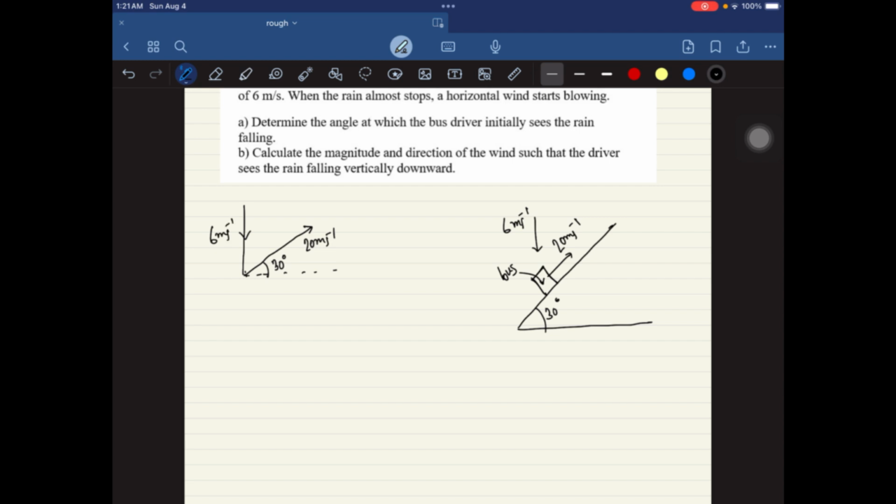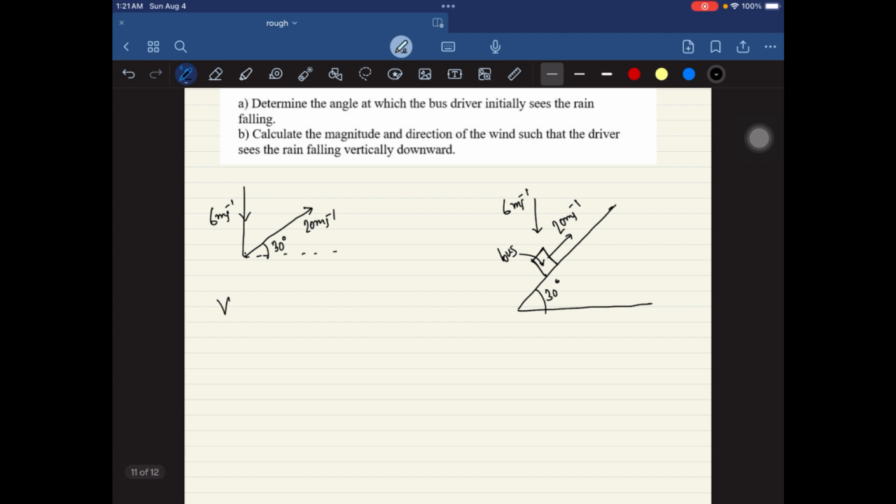So the velocity of the bus, V_B vector, is equal to 20 cos 30 degrees i plus 20 sin 30 degrees j.